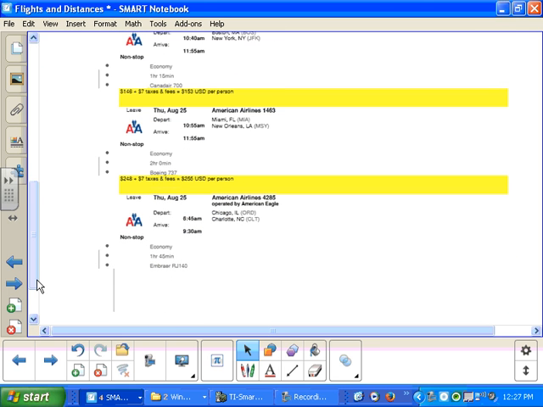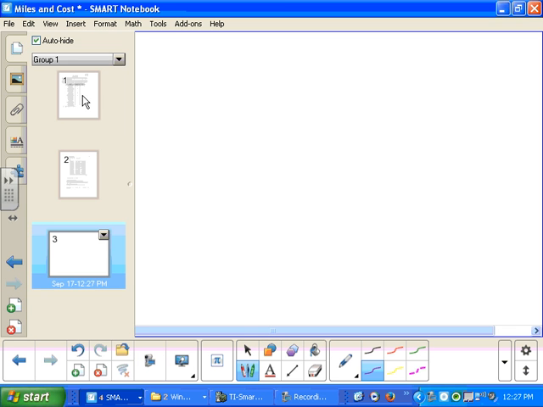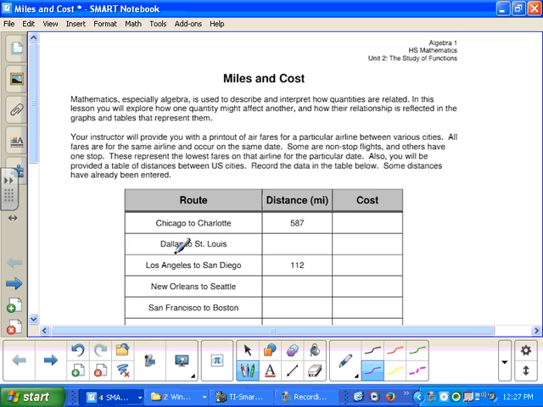From Chicago to Charlotte is going to be that amount. Somebody look at that second page and tell me what that means. 255. Okay. So on our table, on everybody's paper, right here, we want to put 255.